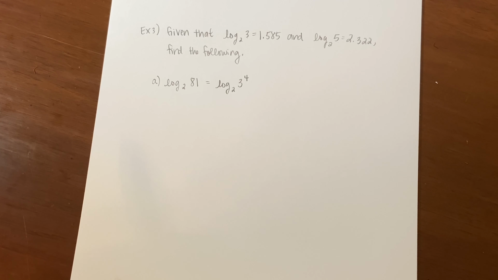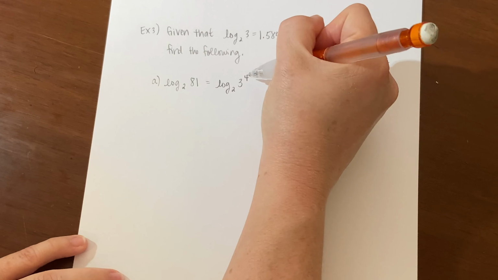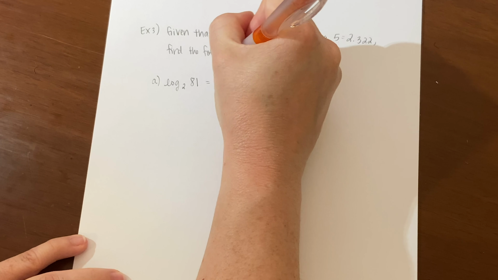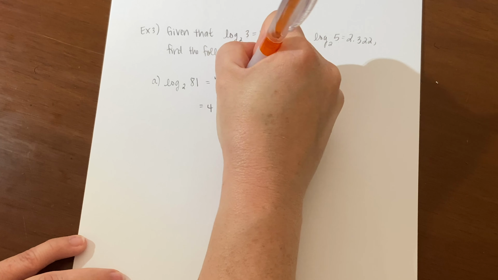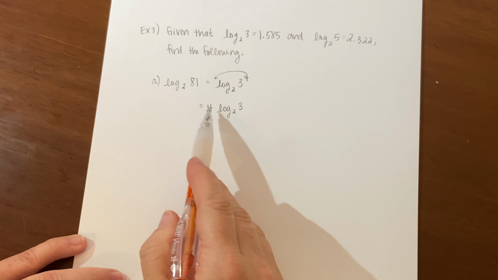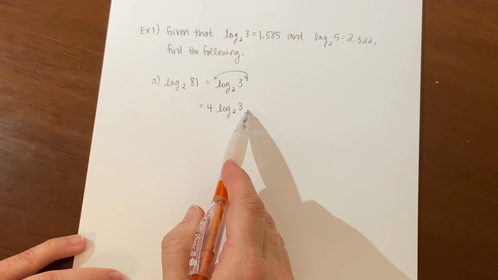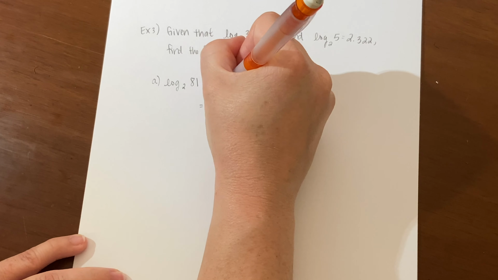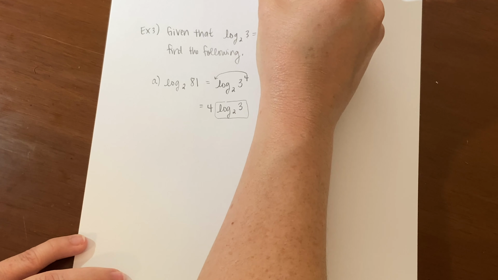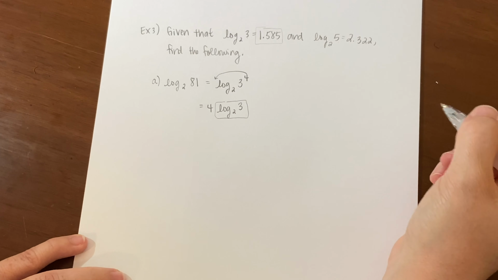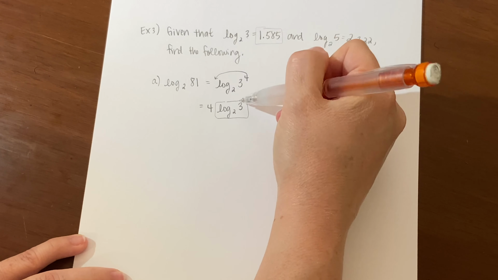Then I'm going to use law 3, exponents move to the front. So we have 4 log base 2 of 3. This is a product, 4 times this. Well, now we've got log base 2 of 3. Up here, that's defined for us, log base 2 of 3. So now I can substitute that in.